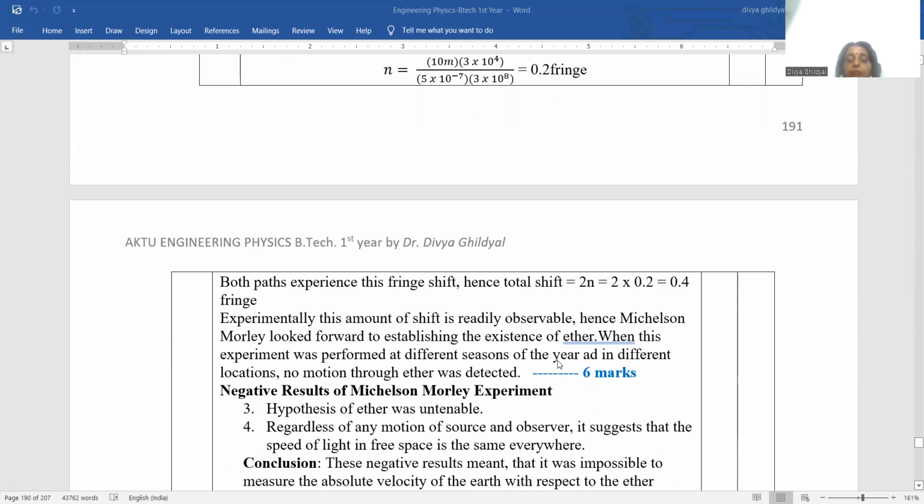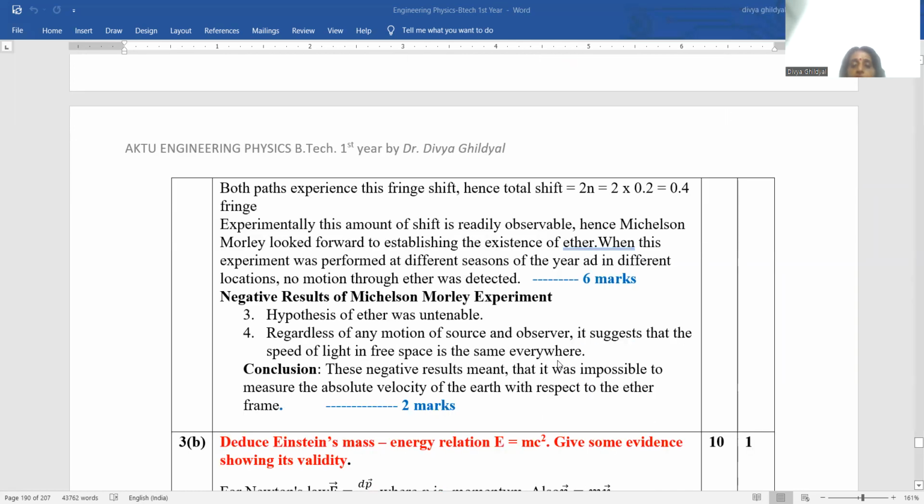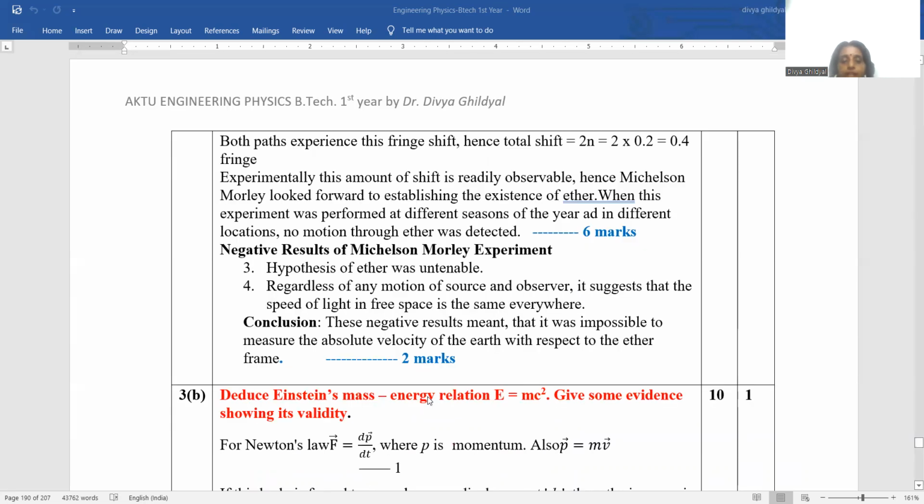But this experiment failed when it was performed at different seasons of the year. And the negative result which came out was that ether is undetectable and it suggests that speed of light is the same everywhere. And the conclusion is that it is impossible to measure the absolute velocity of the Earth with respect to the ether frame. So till here, I will get 10 marks.